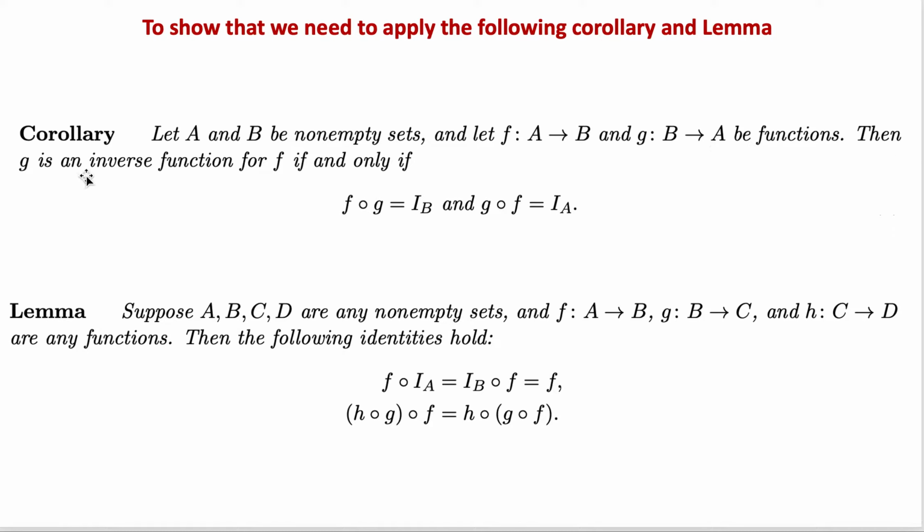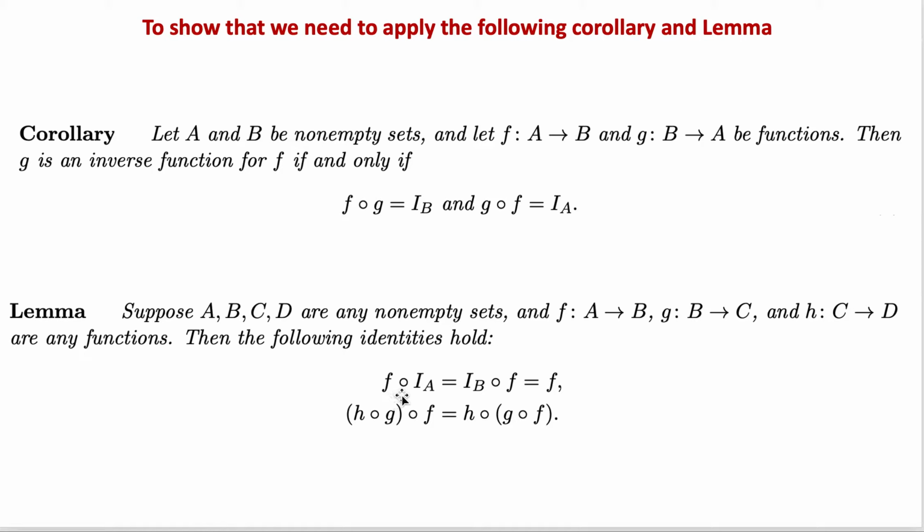Then g is the inverse function of f if and only if f composition g is equal to the identity of B, and g composition f is the identity of A. It means the identity with respect to the function f, and this identity is with respect to the function g. And we need to use this lemma, which has these identities.